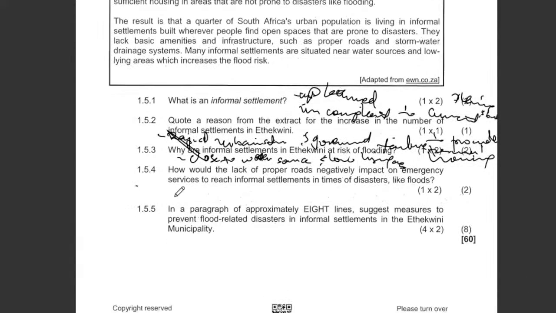The next question is 1.5. How would the lack of proper roads negatively impact the emergency services to reach the informal settlements in times of disasters like flooding? Now, we look at these areas not having infrastructure, proper roads, and so on. That means such areas are hard to reach. Areas for informal settlement become hard to reach or they become inaccessible.